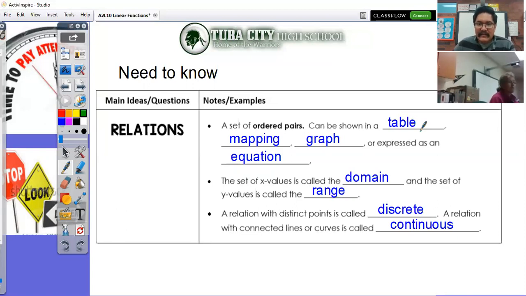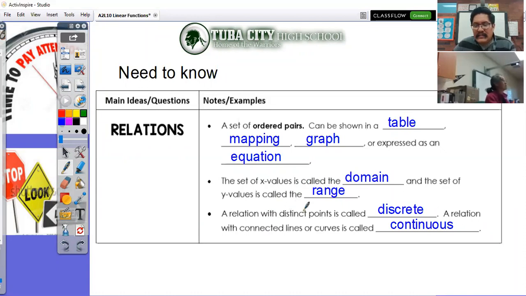But basically there is an X and a Y value. And again, you can put them in these 4 methods here. And since I was talking about X's and Y's, the X value is called the domain. So those are all of the possible values that you can put in for X so that you get a value of Y, which we call the range. And again, more on that later.